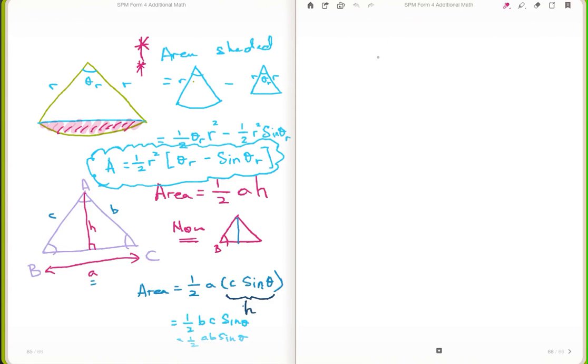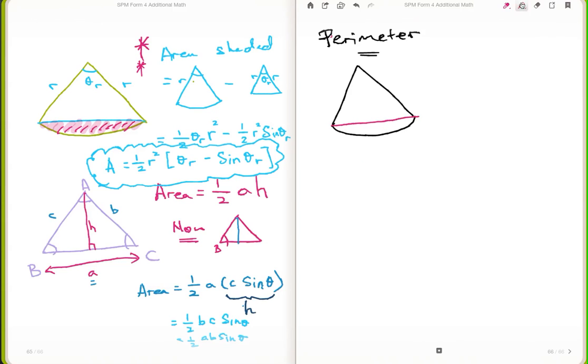Next would be the parameter, a short but simple one. Parameter of a sector, perhaps. Say this is a chord.